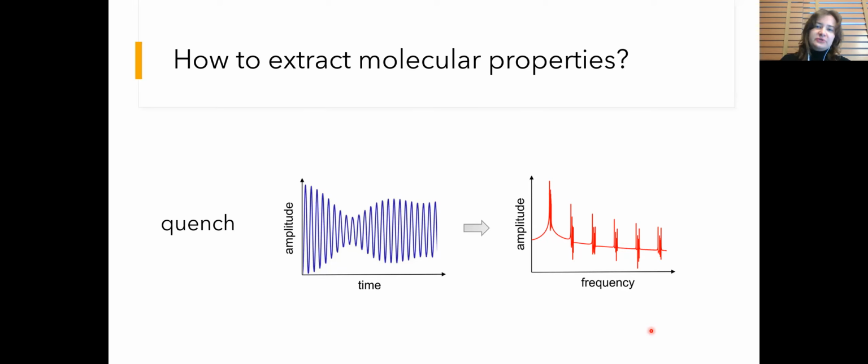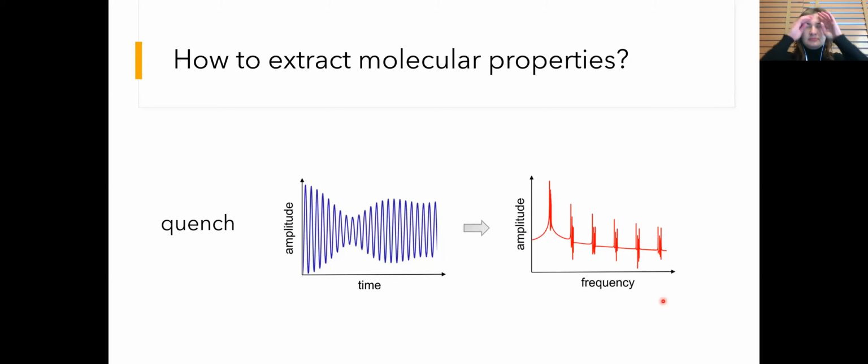With the Fourier transform, we can get plots that show us the frequencies governing this time evolution. And with such sets of data, I will show you how to extract these molecular properties from our system.